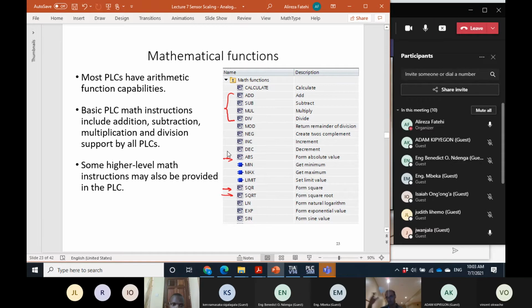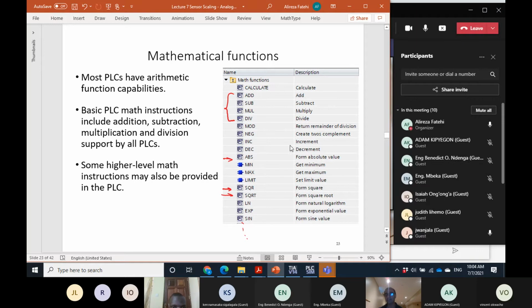For advanced math functions, they support just simple ones, but most of the typical math functions are supported by all of the CPU types in the Siemens PLC. So, for example, this is for the 1200 PLC. There are more functions here.